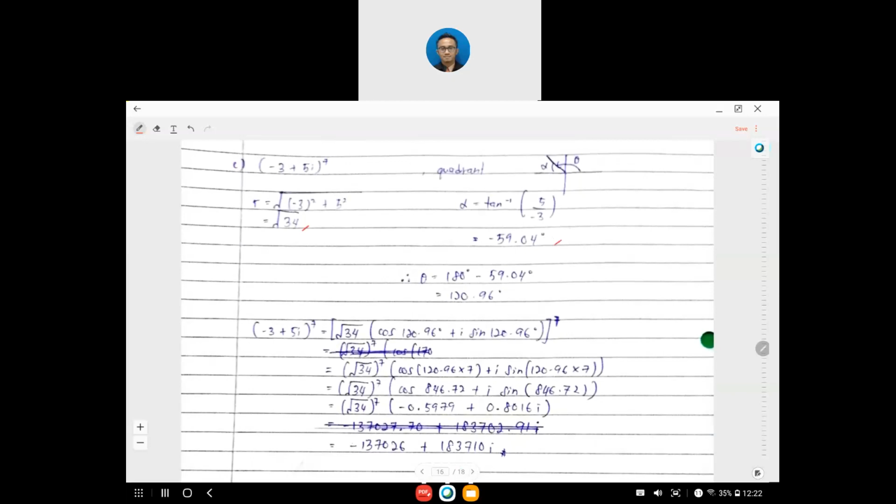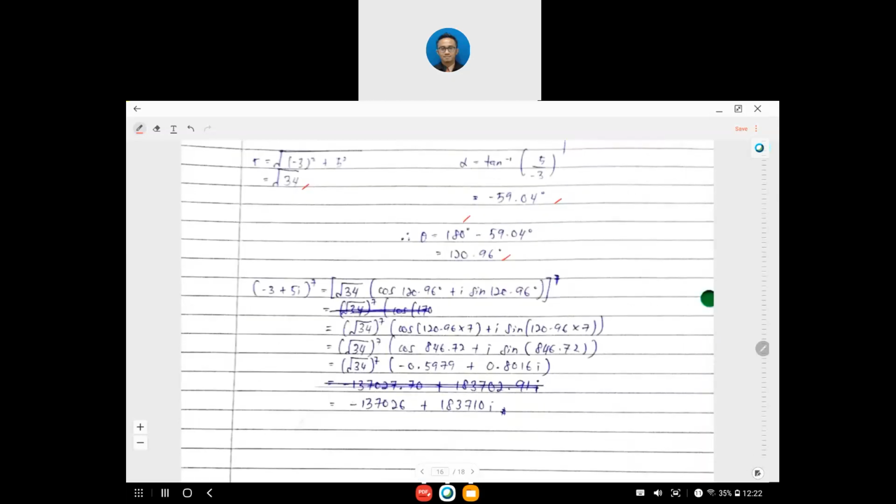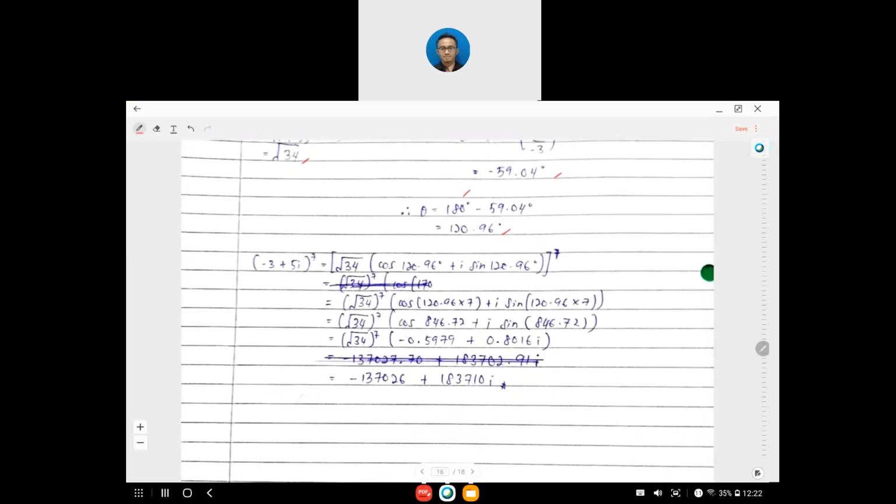This one is second quadrant. So theta is 180 minus 59.04, so you can get 120.96. When you solve directly, here you can get negative 137026 plus 183710.